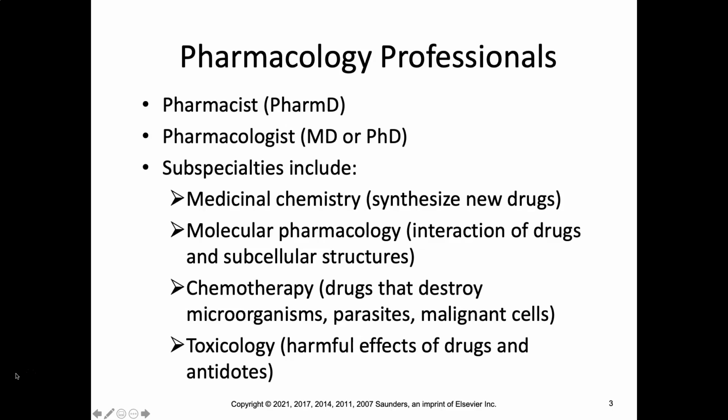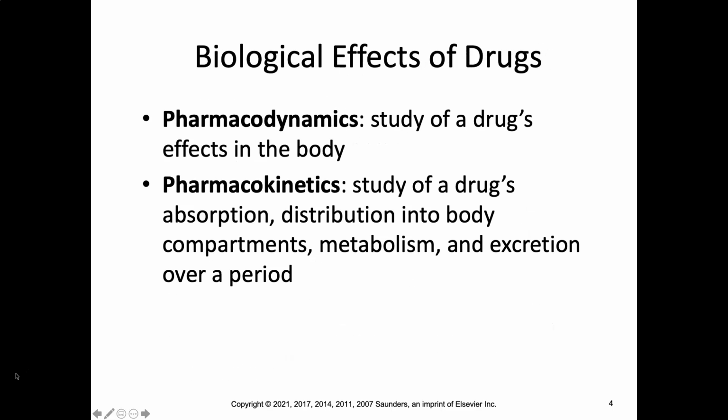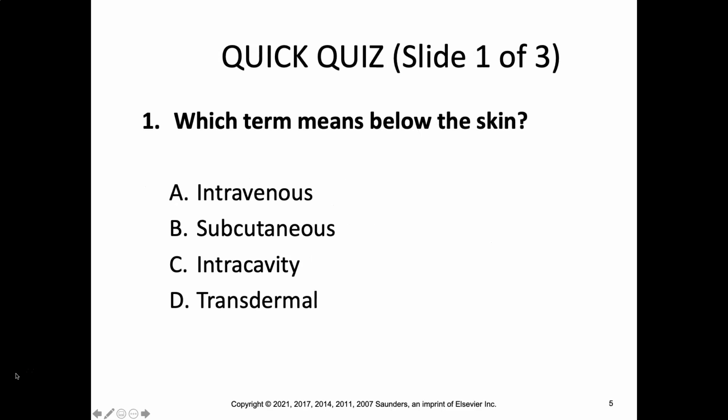This is all on page 824, where they define what are these different types, subdivisions, or specialties in pharmacology. Pharmacodynamics looks at the drug's effects in the body. How does it impact the body? Pharmacokinetics, on the other hand, looks at how the drug is absorbed, distributed, metabolized, and then excreted.